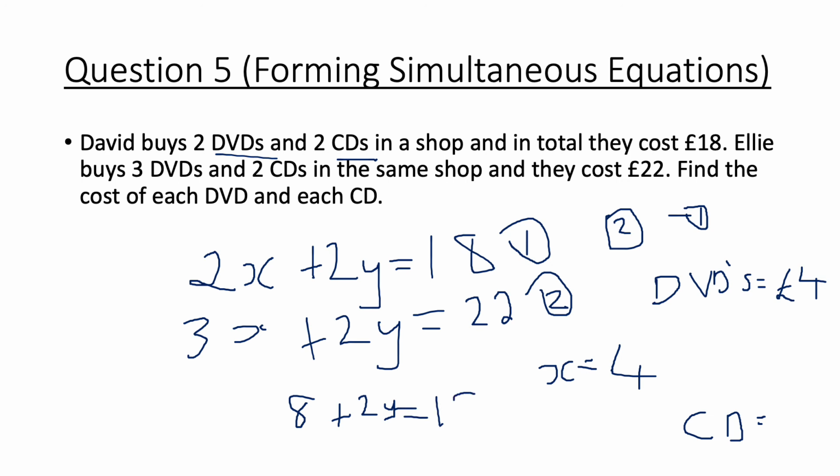Subtract 8 on both sides. 2y is equal to 10. y is equal to 5, because 2y means 2 times y, so dividing both sides by 2. So the price of 1 CD is £5 and the price of 1 DVD is £4. So that is my answer for question number 5, guys.